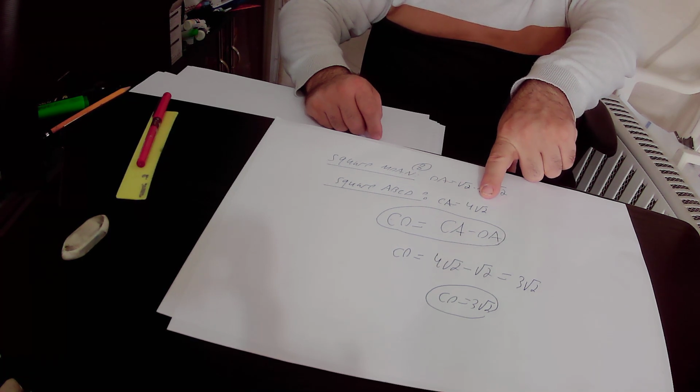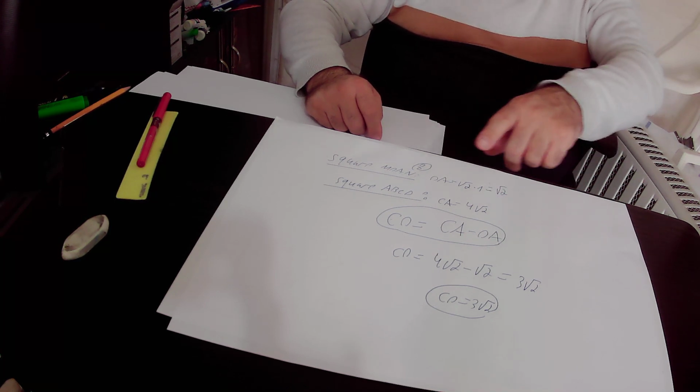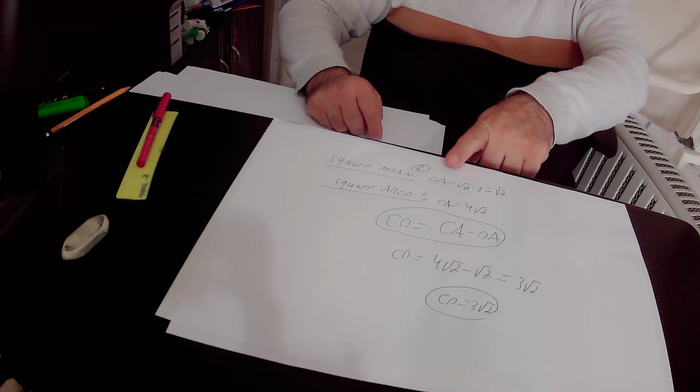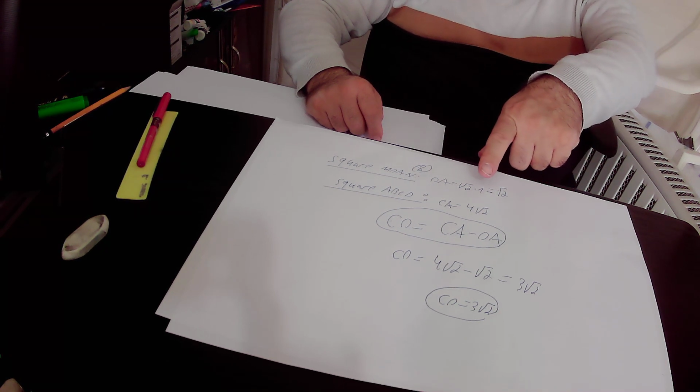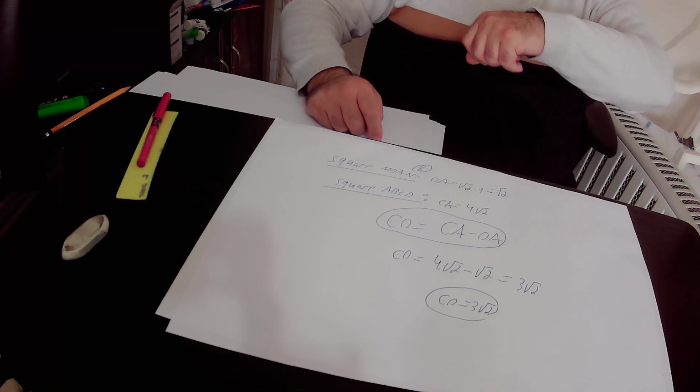That is to say, CA equals 4 times square root of 2 units. So in conclusion, diagonal OA of the small square equals square root of 2 units, and diagonal CA of the big square equals 4 times square root of 2 units.